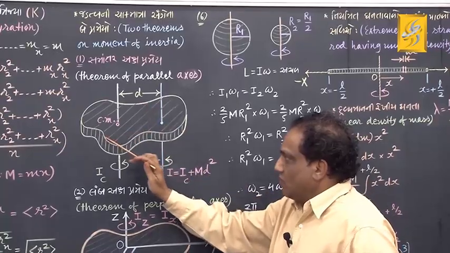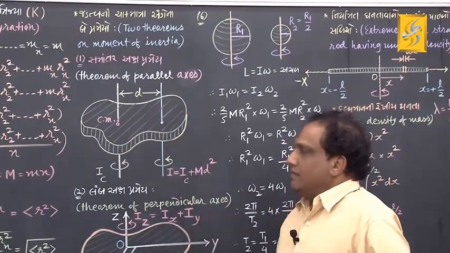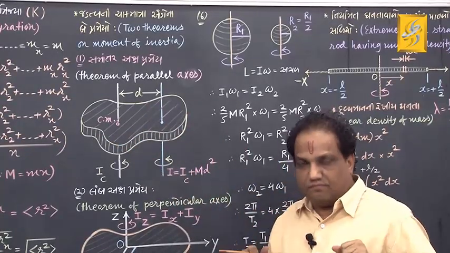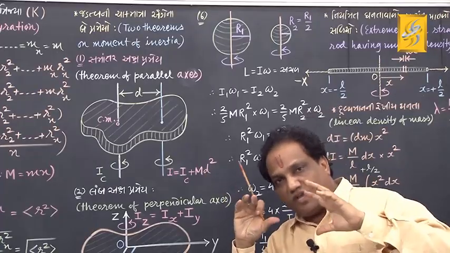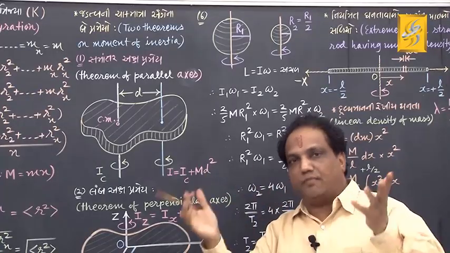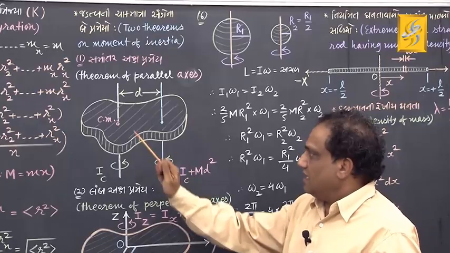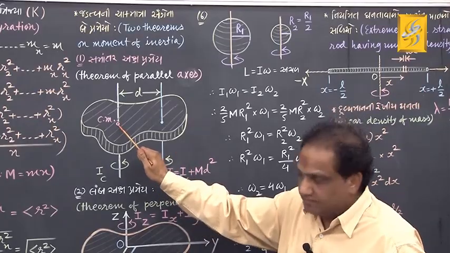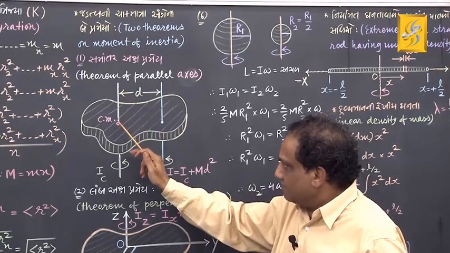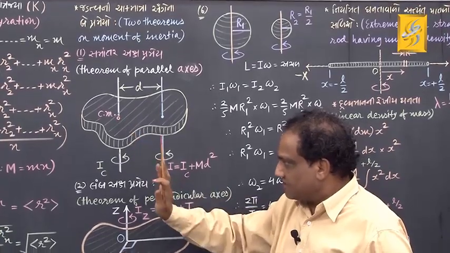Here is a rigid body. It might be three-dimensional, might have any volume, any mass, any shape, no problem. Its center of mass is here, and this is an axis passing through the center of mass.